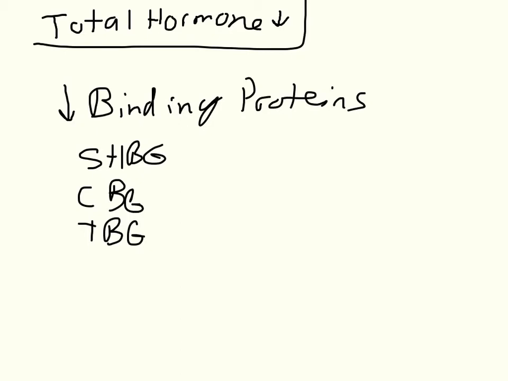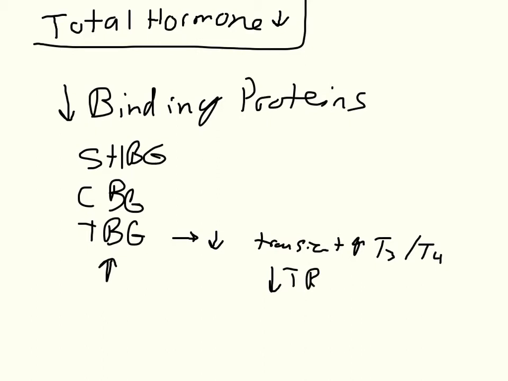So do you get an excess of free hormones? The answer to that is no, because, for example, let's take thyroid. When the amount of thyroid binding globulin is decreased, it's going to cause a transient increase in T3 and T4. However, that's going to immediately feed back and inhibit the thyrotropin releasing hormone and the thyroid stimulating hormone in the anterior pituitary.